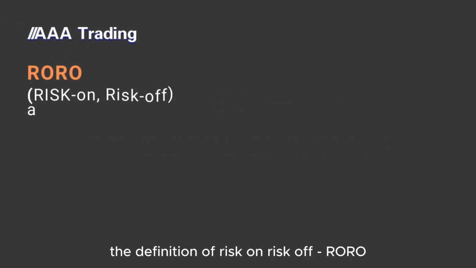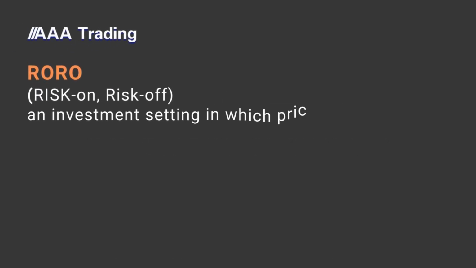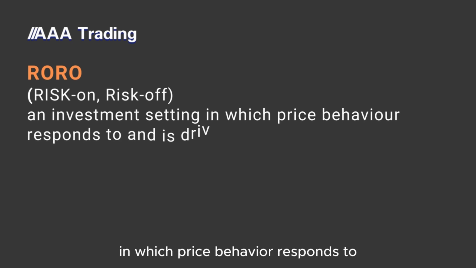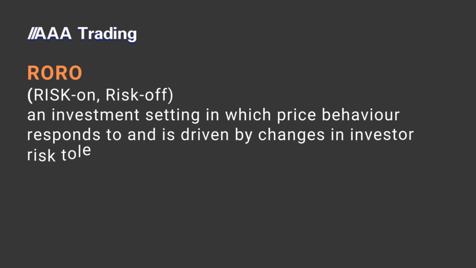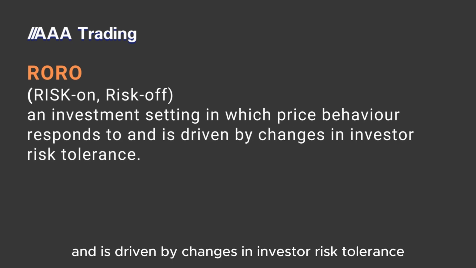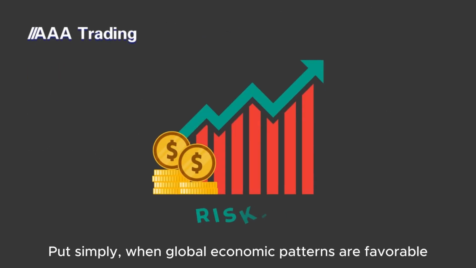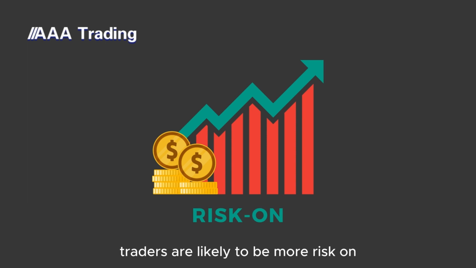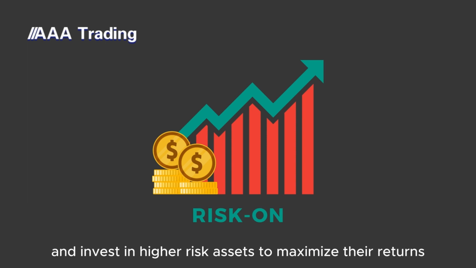The definition of risk on, risk off, RORO, is that it's an investment setting in which price behavior responds to and is driven by changes in investor risk tolerance. Put simply, when global economic patterns are favorable, traders are likely to be more risk-on and invest in higher-risk assets to maximize their returns.